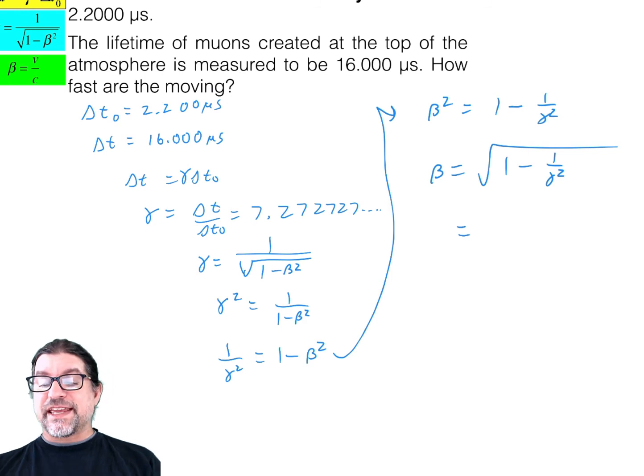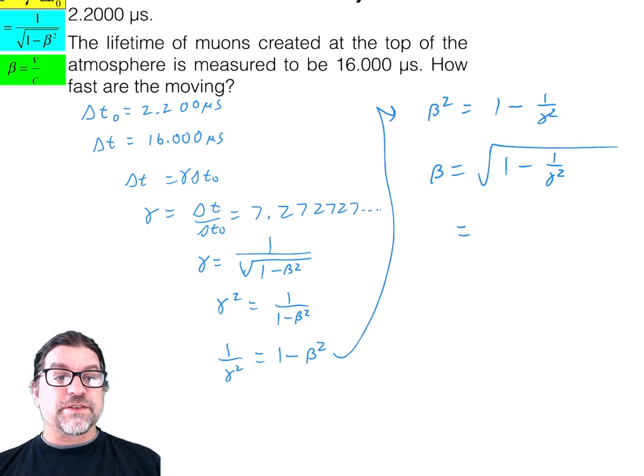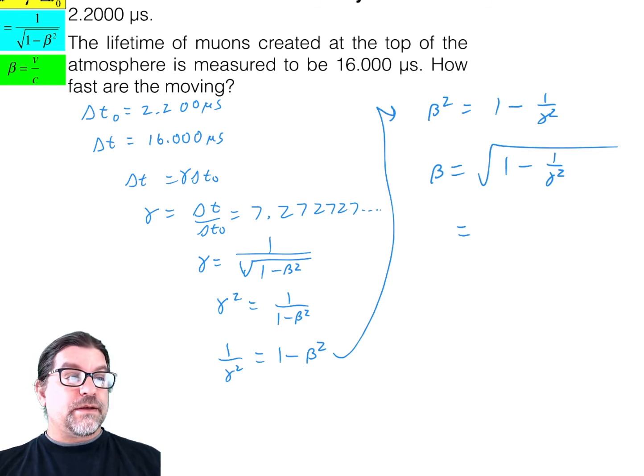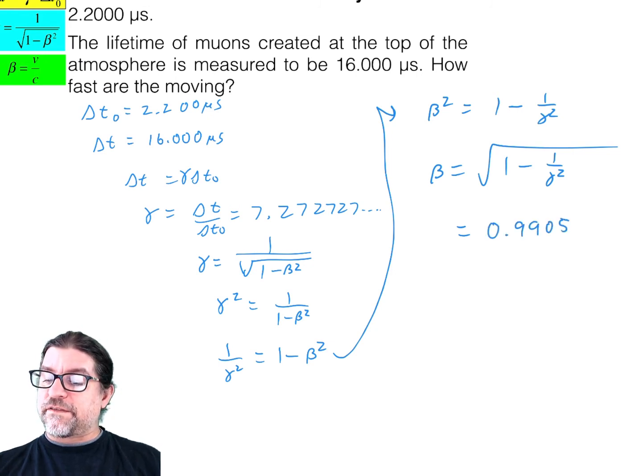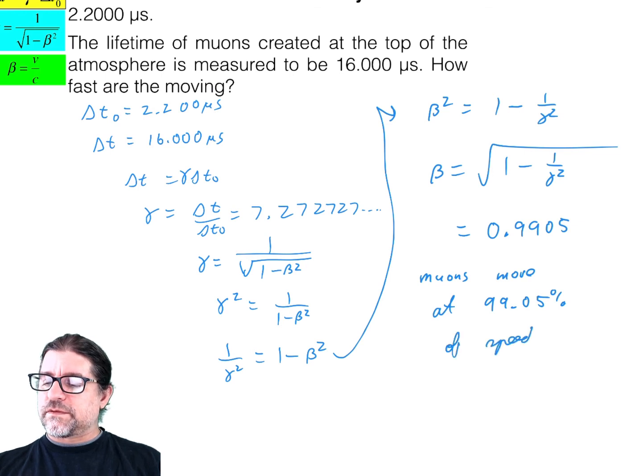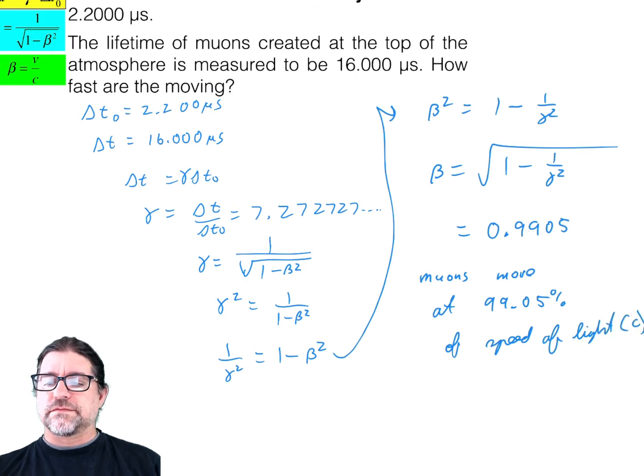When I plug in gamma is 7.27272727, I get beta is 0.9905. So that means the muons are moving at 99.05% of the speed of light, AKA c. How cool is that?